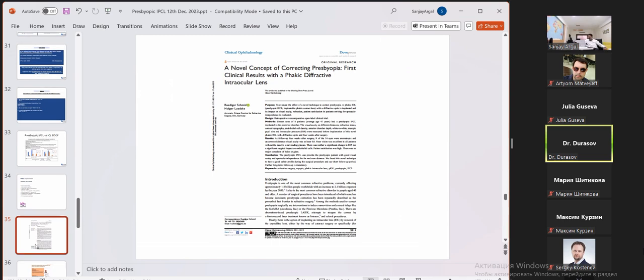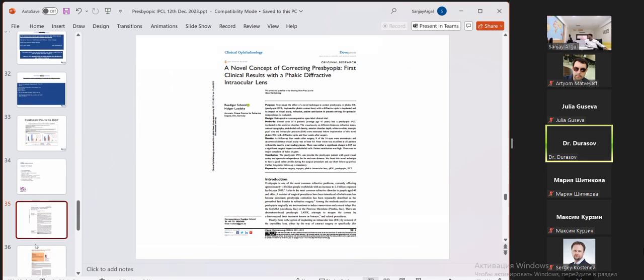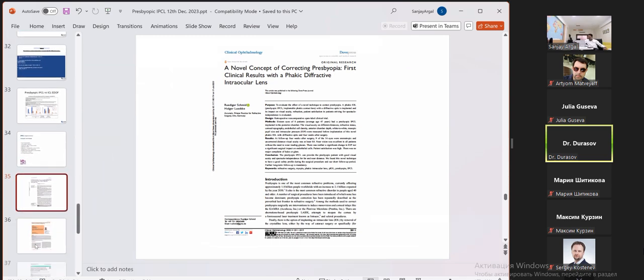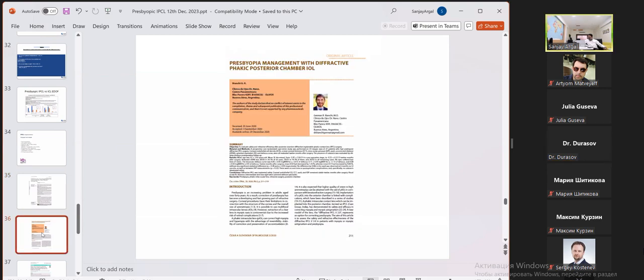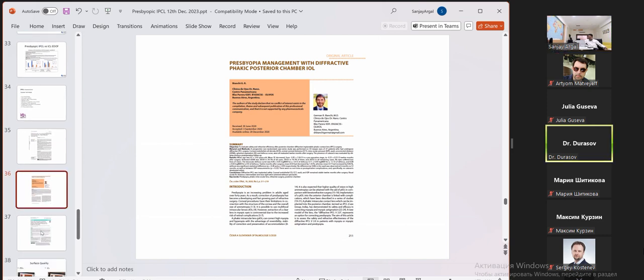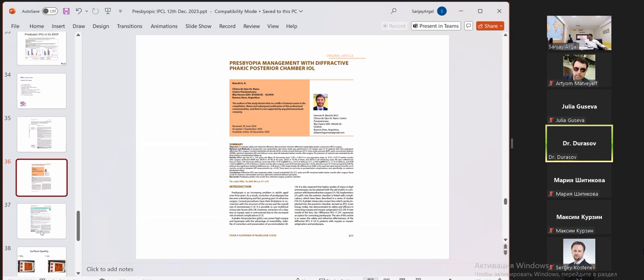Есть несколько исследований, опубликованных в различных журналах. So this is Dr. German Bianchi, whose study I explained. You can go, or I can forward it to you to go through the entire study. Вот исследование, которое я упоминал, вы можете ознакомиться целиком с этим исследованием.